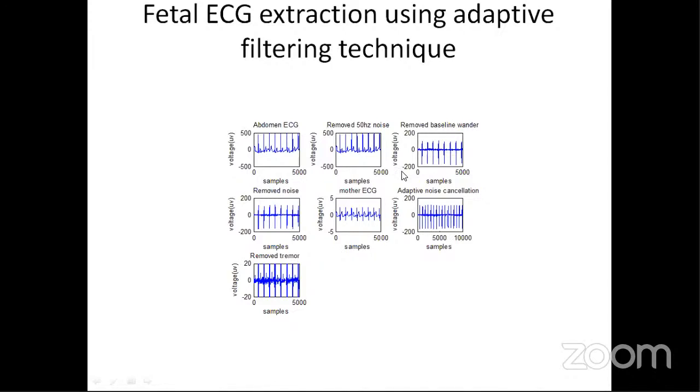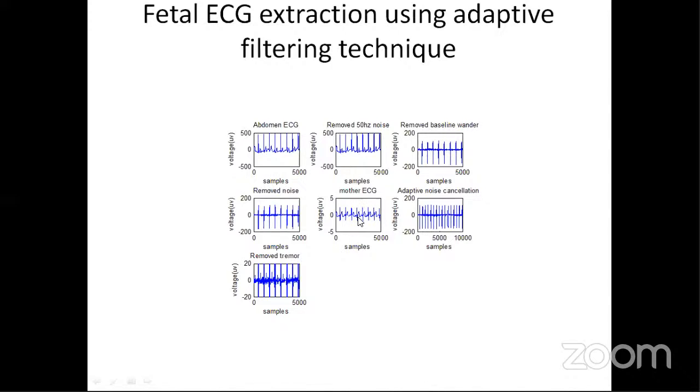So here I have given the abdomen ECG. After removing the baseline wandering, 50 Hz noise and EMG noise, it looks like this.